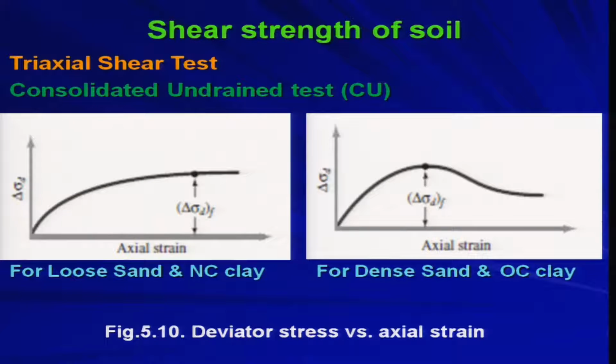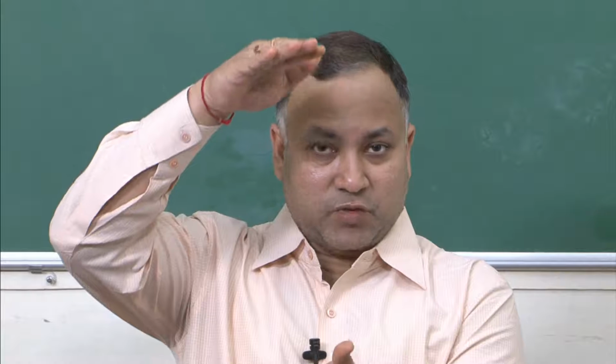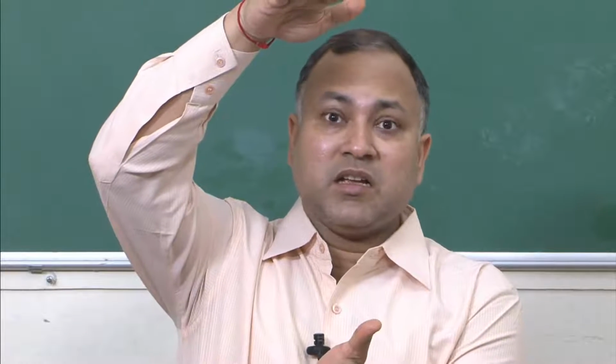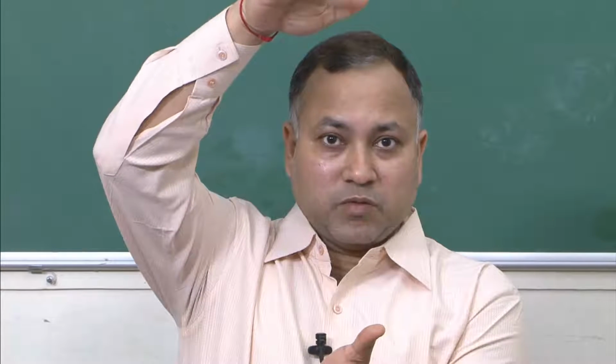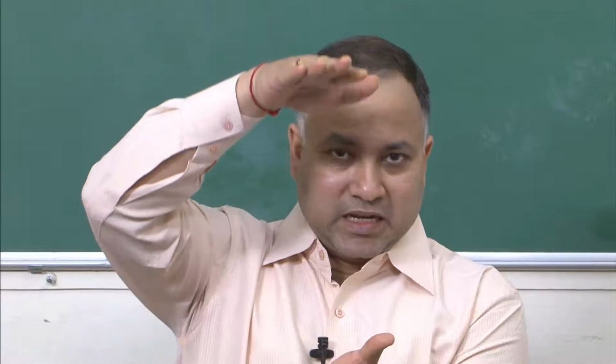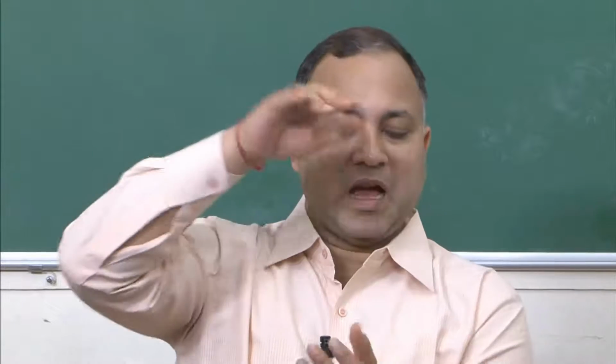Now, in this figure you can see the variation of deviatoric stress versus axial strain. As you increase delta sigma d gradually, your axial strain also will increase. Axial strain means strain in the longitudinal direction, because you are applying the deviatoric stress from the top, right. So, in this direction your axial strain will be happening.